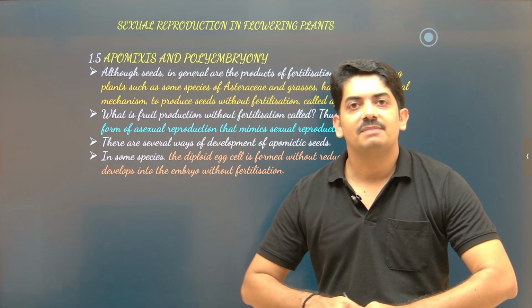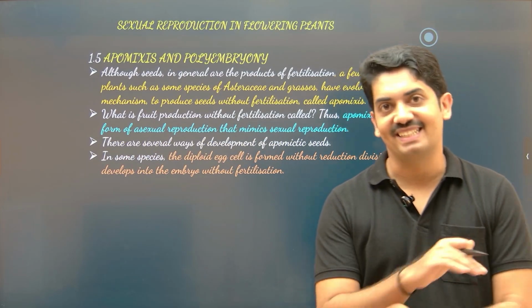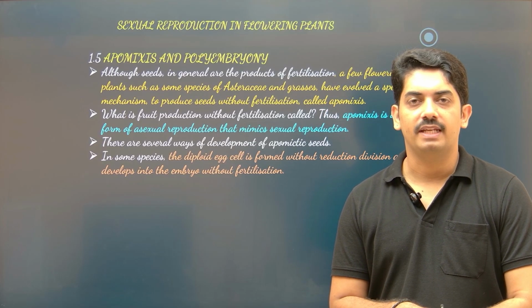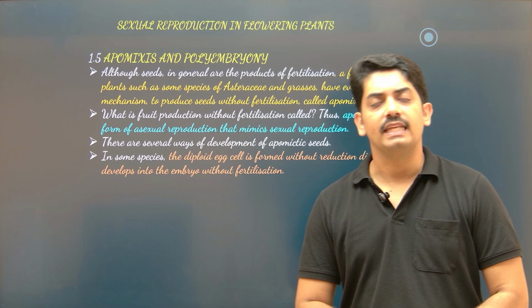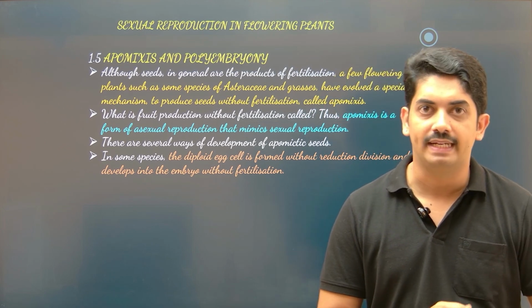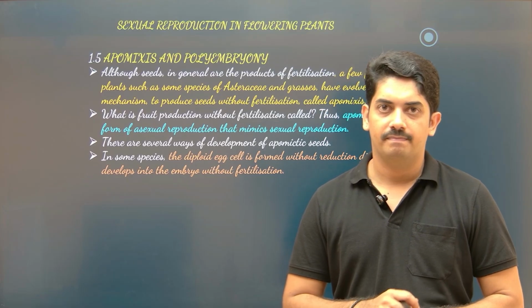Now the last part of the topic, a very interesting part: apomixis and polyembryony. So far we studied that even without fertilization, the ovary can develop into fruit, and that process we call parthenocarpy.